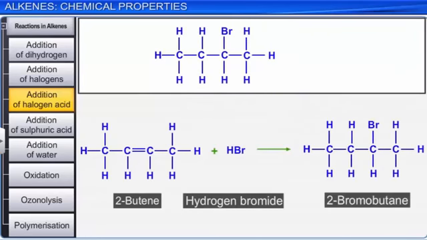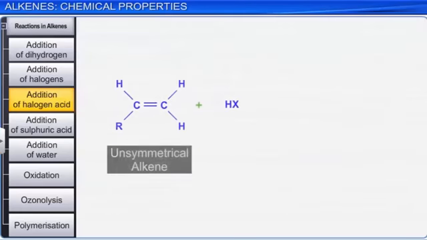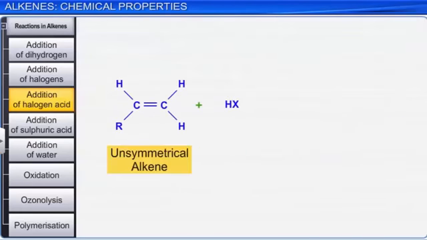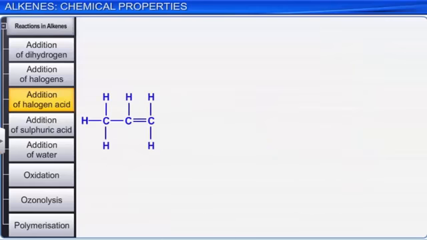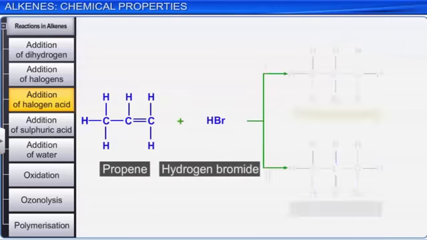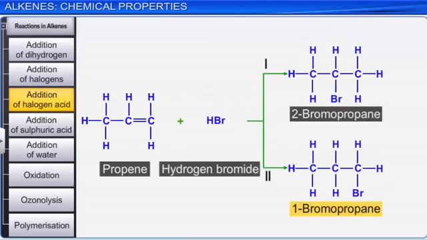However, in the case of unsymmetrical alkene, two products are formed. For example, propene reacts with hydrogen bromide to form 2-bromopropane and 1-bromopropane. Of these, 2-bromopropane is a major product.